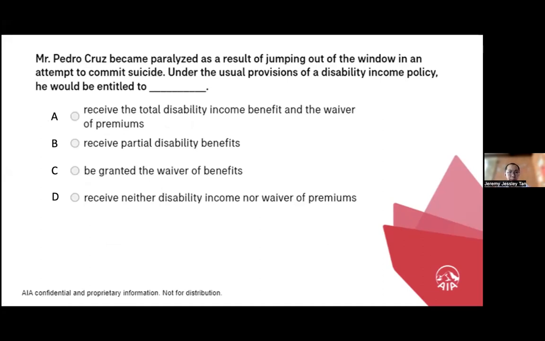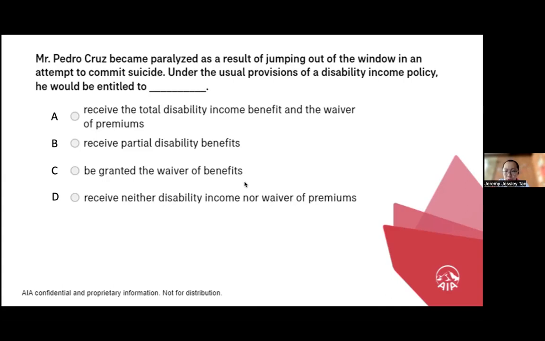Mr. Pedro Cruz became paralyzed as a result of jumping out of the window in an attempt to commit suicide. Under the usual provisions of a disability income policy, he would be entitled to: A, receive total disability income benefit and waiver of premiums, B, receive partial disability benefits, C, be granted waiver of benefits, or D, receive neither disability nor waiver of premiums.